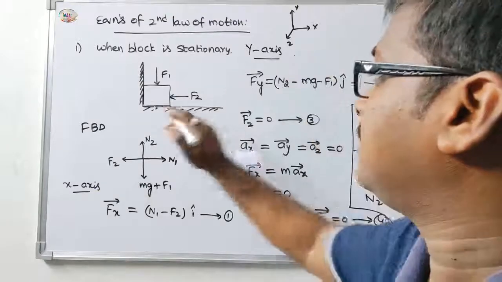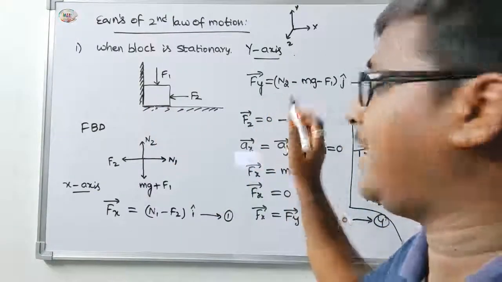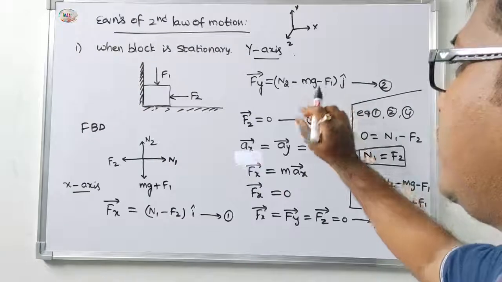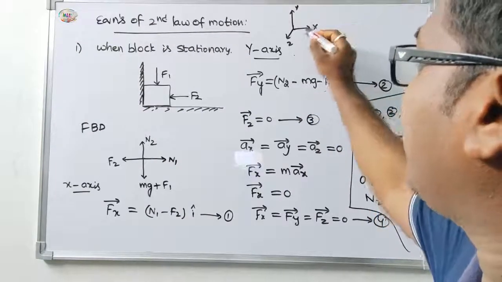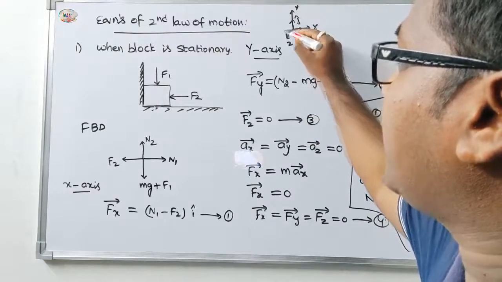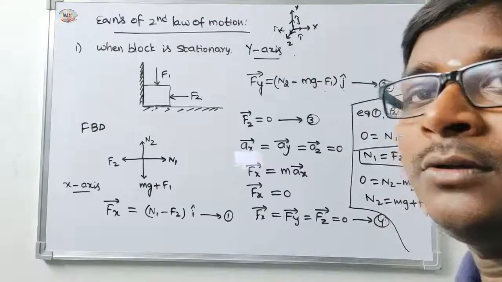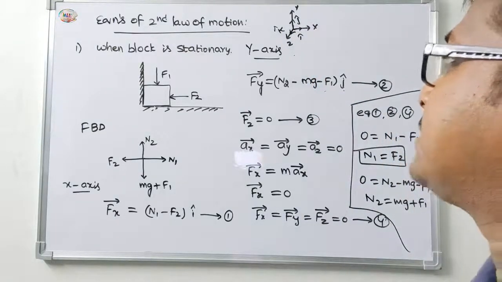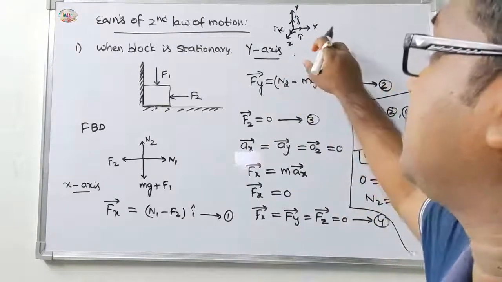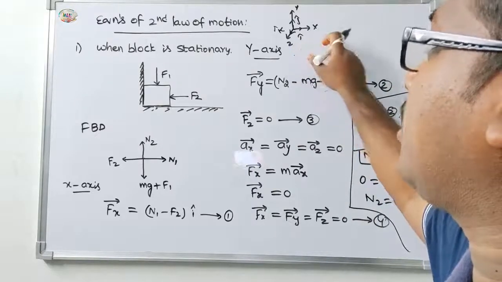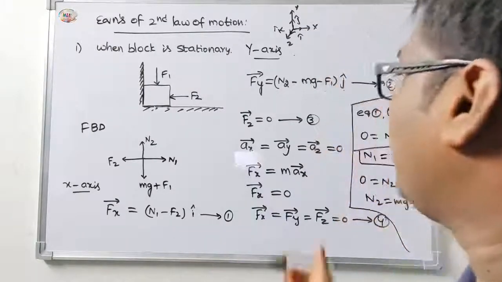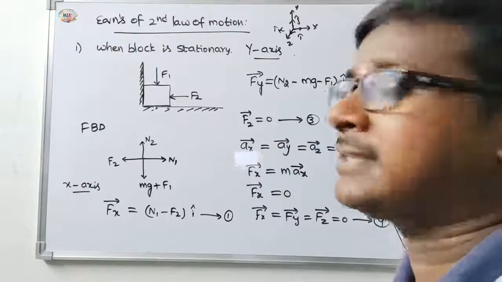Next, taking the y-axis, Fy is equal to N2 minus mg minus F1 into j cap. The unit vector along the x-axis is i cap, along the y-axis is j cap, and along the z-axis is k cap. The three axes are mutually perpendicular to each other.